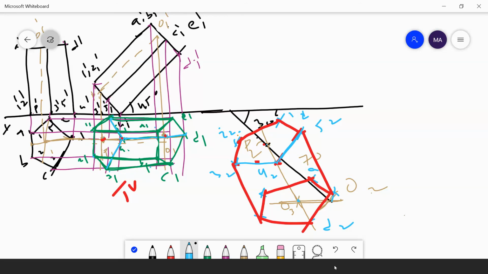Then I am joining all these points first. Here these points are 1, 2 dash, 2, 2 dash, 3, 2 dash, 4, 2 dash, 5, 2 dash.